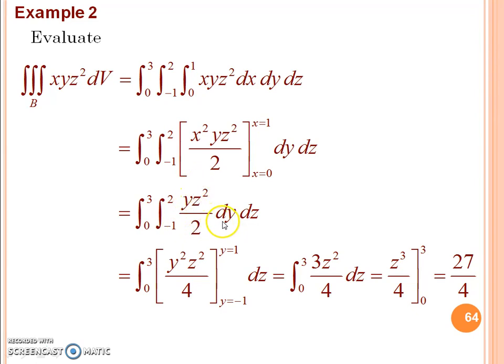At the time of integrating with respect to y, z square by 2 is constant as it is, and the integration of y is y square by 2. That's why we get 4 here. Again put upper limit minus lower limit for y, and lastly we integrate with respect to z and put upper limit minus lower limit for z, so we get the final answer, that is 27 by 4. This is the final value of the given problem.